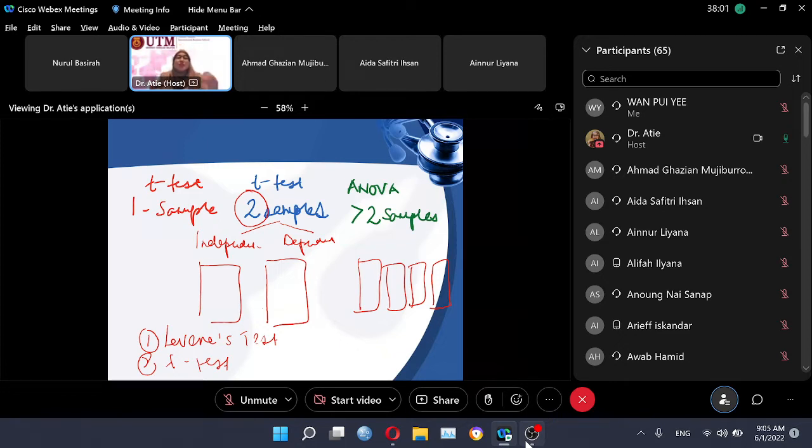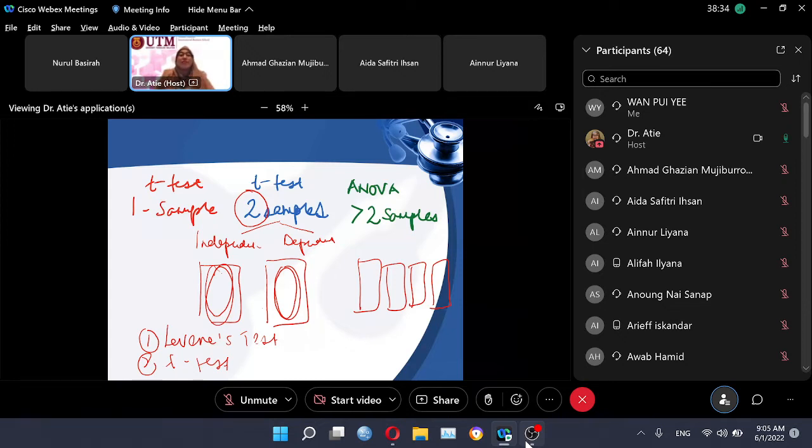We need to make sure all the data in group 1 and group 2 are almost equal and fair to be compared. So the purpose of Levene's test is to check the equality of variances. The best is to have equal variance. Once we have checked the Levene's test, then only we can do the t-test to compare the means.